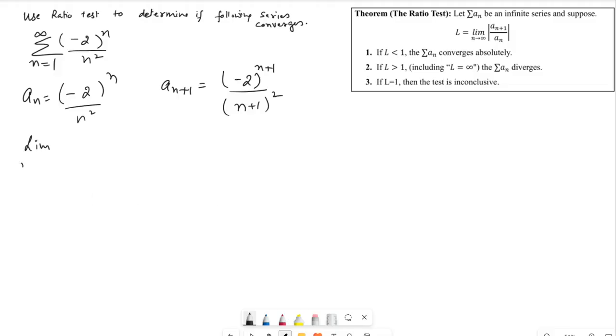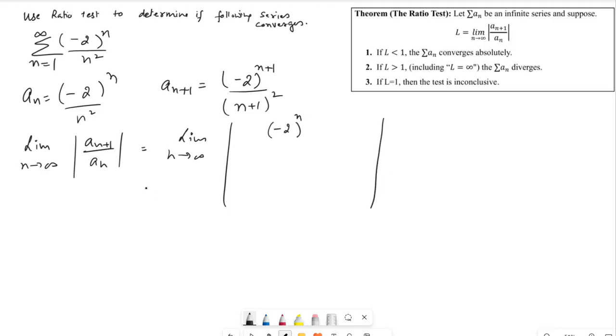We need to find the limit of a_(n+1) by a_n in absolute value. That is the limit as n approaches infinity of (negative 2)^(n+1) divided by (n plus 1) squared, divided by a_n. What is a_n? (Negative 2)^n divided by n squared.